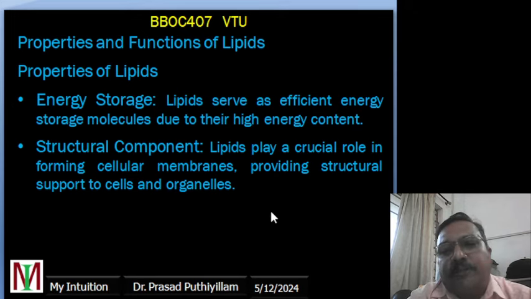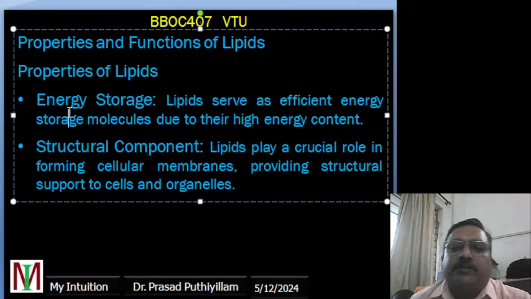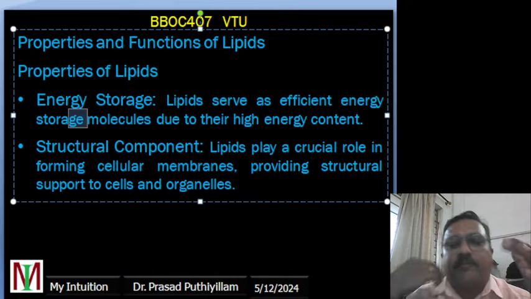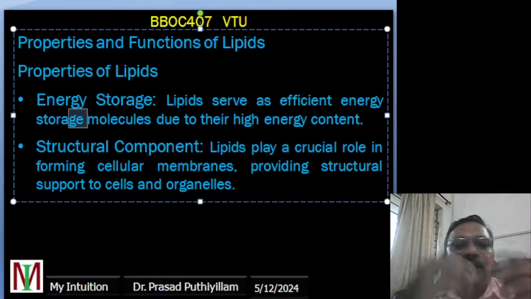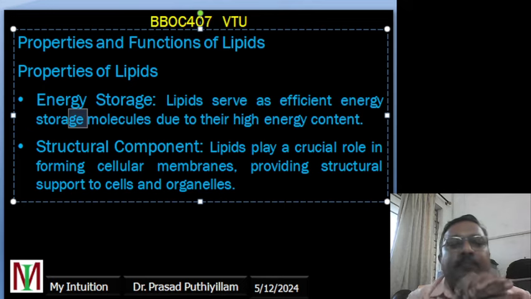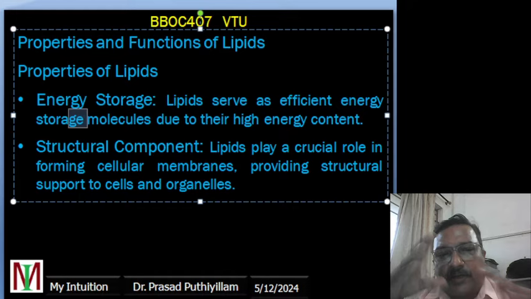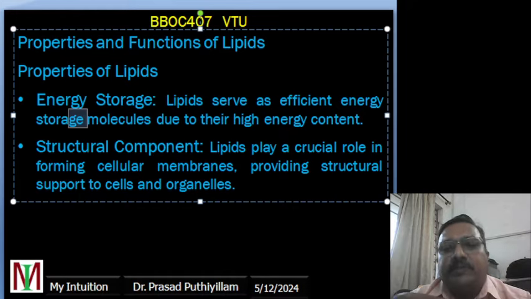Energy storage: lipids serve as efficient energy storage molecules due to their high energy content, even if you compare with carbohydrates or proteins. Carbohydrates are the main energy source that we say, but compared to carbohydrates or proteins, triglycerides, fats, oils and lipids store significantly more energy per gram.